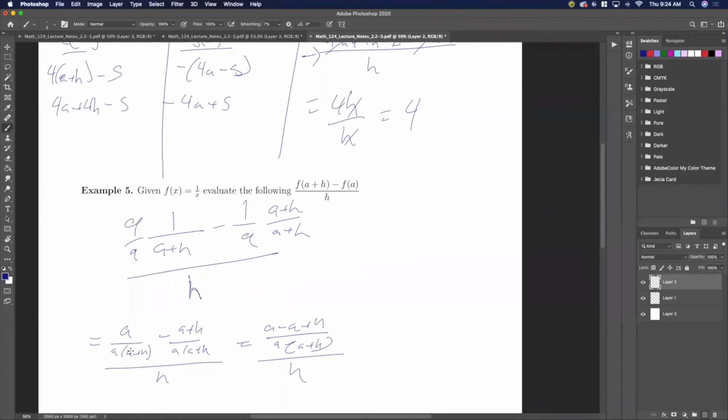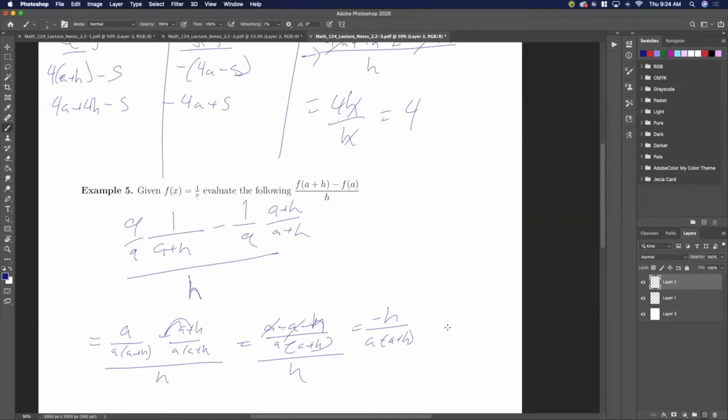If I add it up, oops, what have I done wrong? Gotta be careful here. This negative goes here and here. Okay. So a minus h. The a's cancel, and so here I'm left with minus h over a plus h.